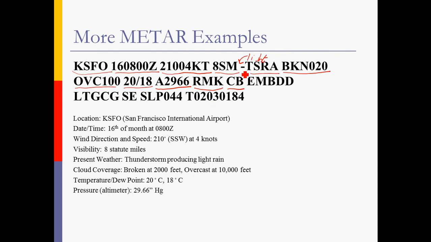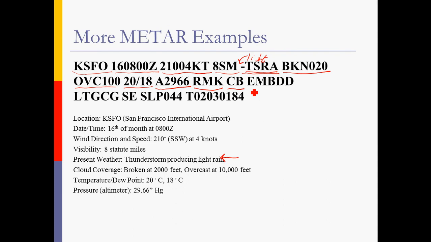So remember this piece here. I'll underline this again, dash TSRA. And the decoded information is here. Makes sense, because if a thunderstorm is present, then there needs to be a cumulonimbus cloud present, because usually only cumulonimbus clouds can produce thunderstorms.